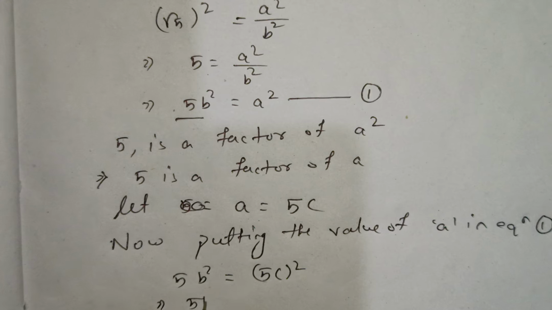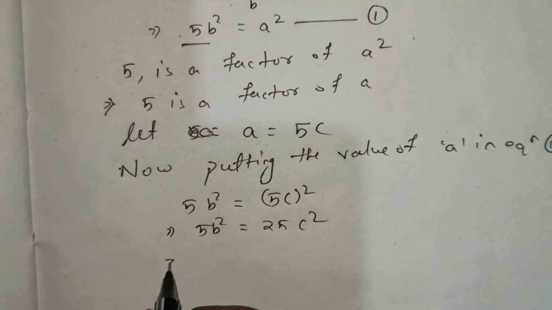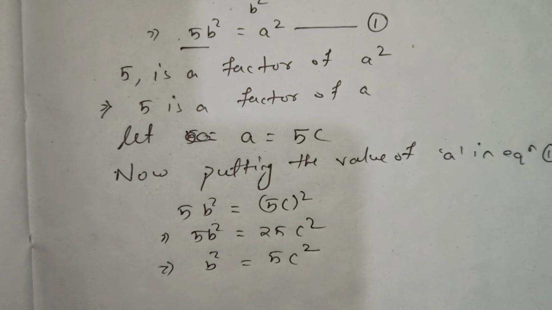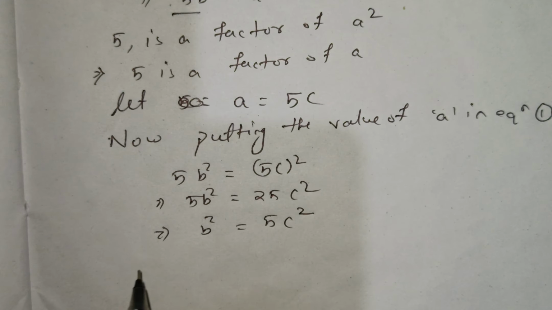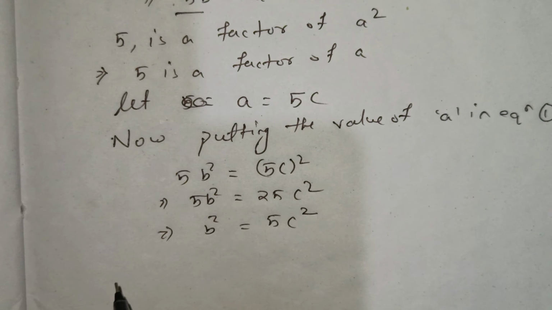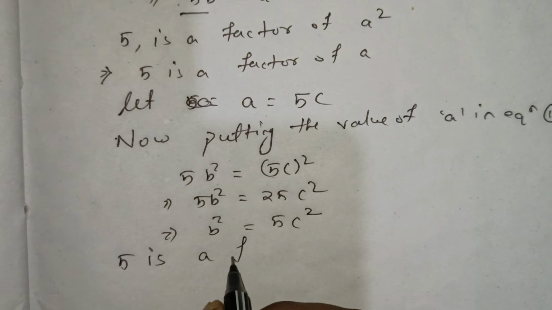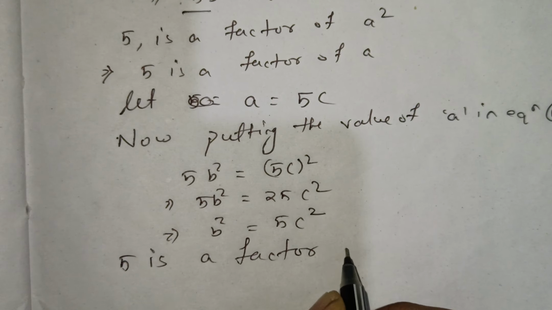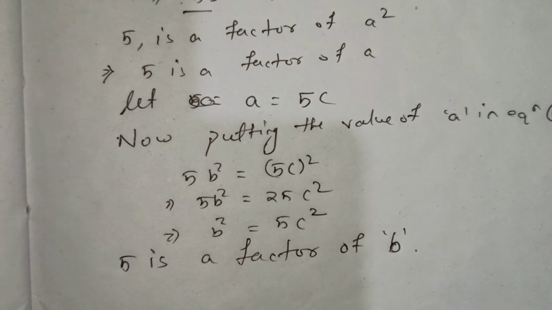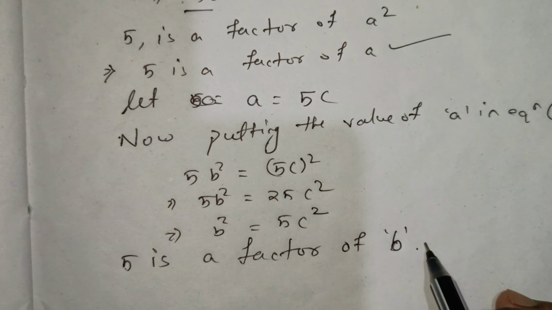This implies that 5b square is equal to 25c square, and from this we get that b square is equal to 5c square. From here we can write that 5 is a factor of b.